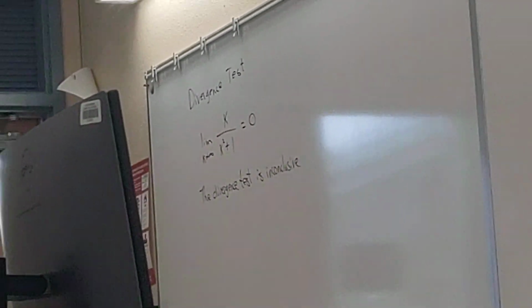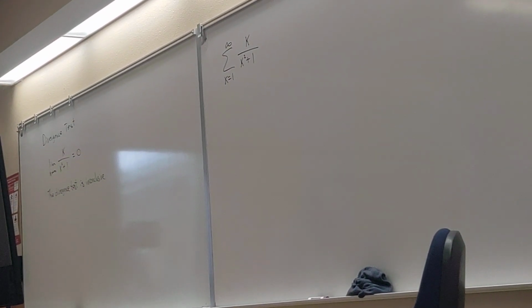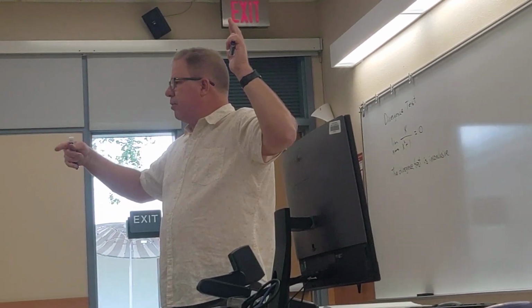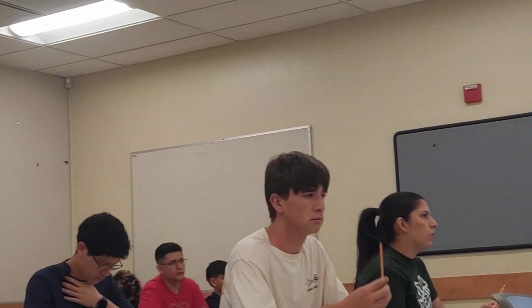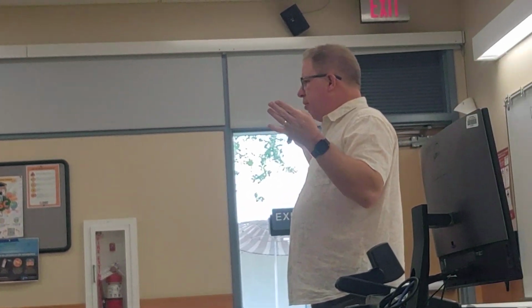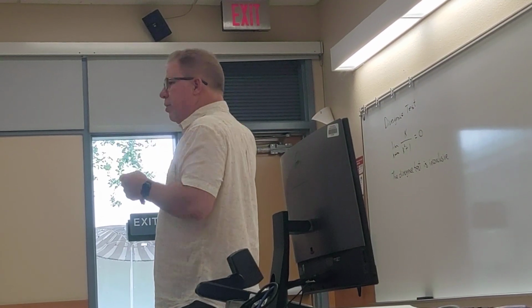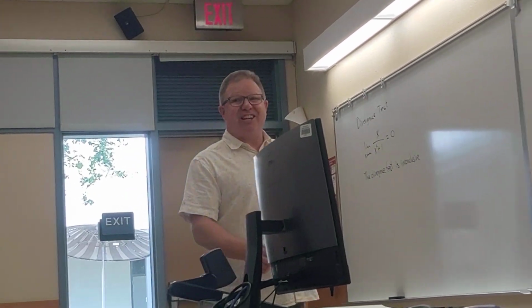This is not a geometric sequence or series. If it was, we could use the geometric methods that we learned to analyze it. It is not a telescoping series. So none of those work. Geometric doesn't work, telescoping does not work, divergence test does not work. Let's use the integral test.